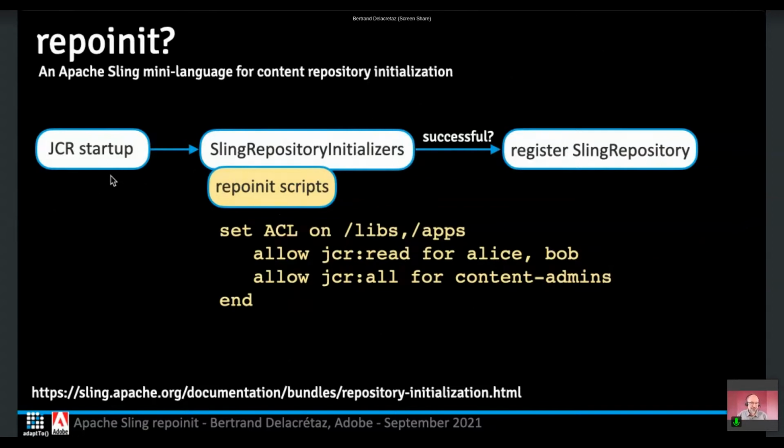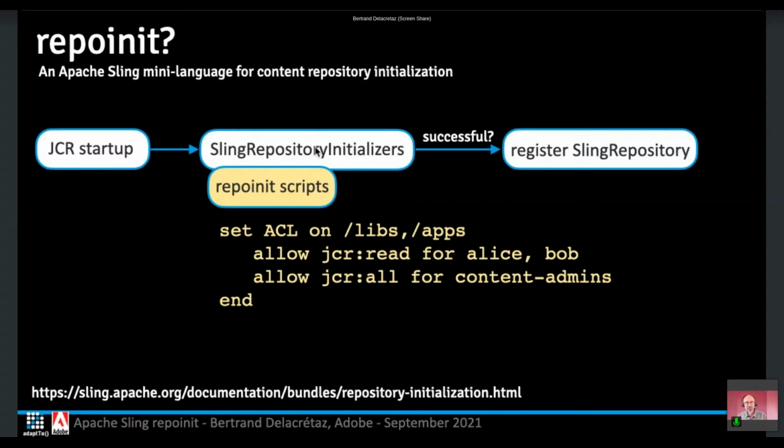The way it works, at JCR startup, so when the content repository is ready at the JCR level, before exposing it as an OSGi service for other parts of Sling to use, we call a number of Sling repository initializers. I'll show that in the next slide, simple services.